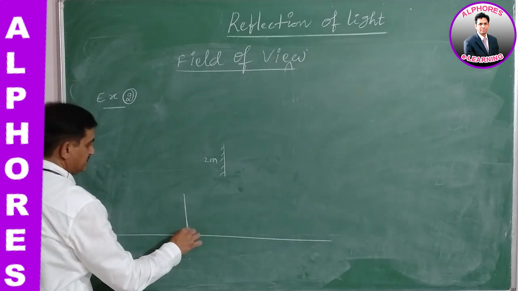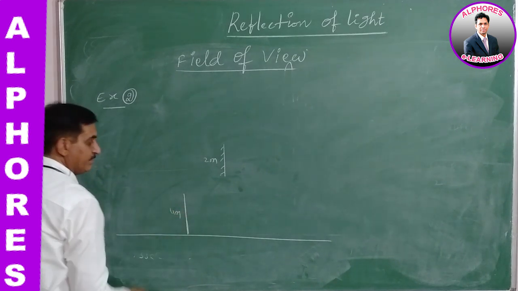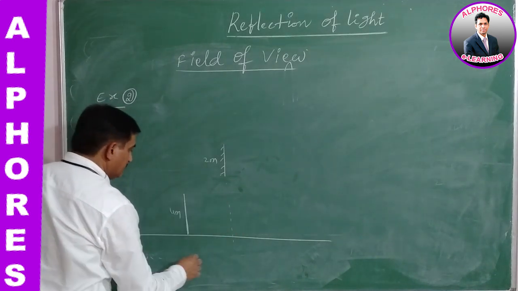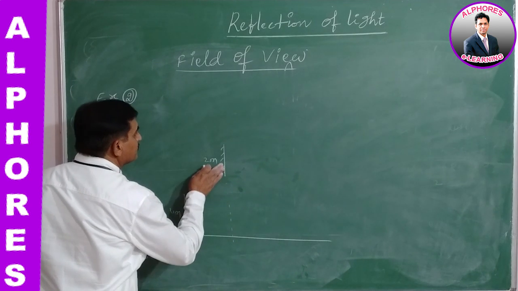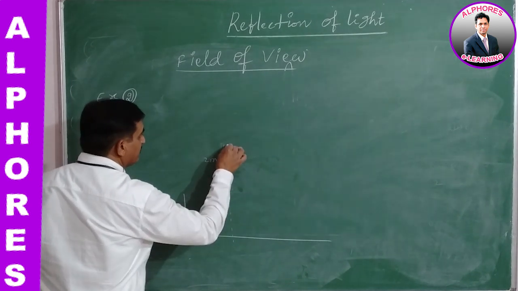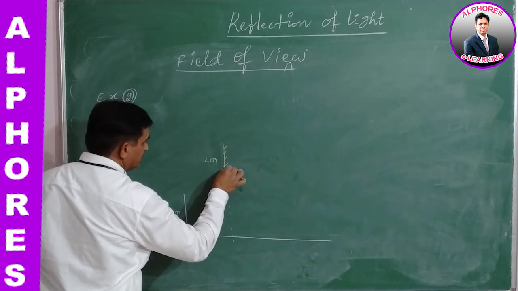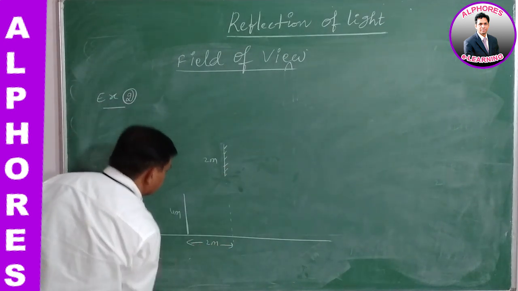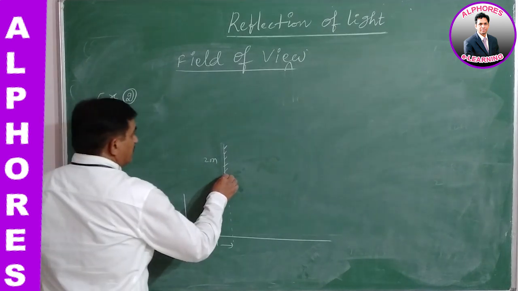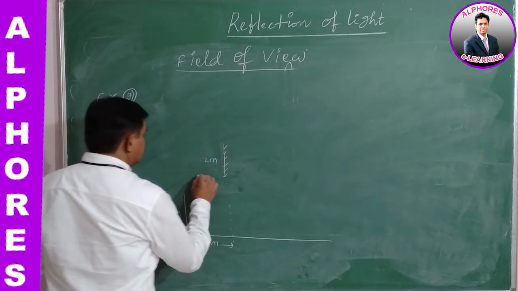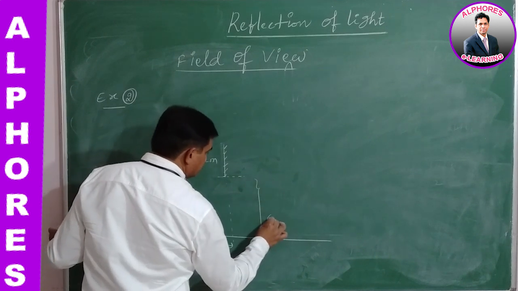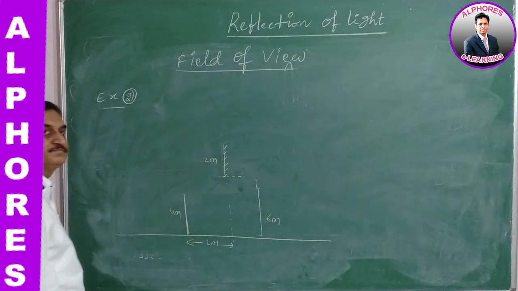Its height is 4 meters, and it is kept parallel to the plane of the mirror at a distance of 2 meters from the mirror. And the lower edge of the plane mirror is at a height of 6 meters from the ground.